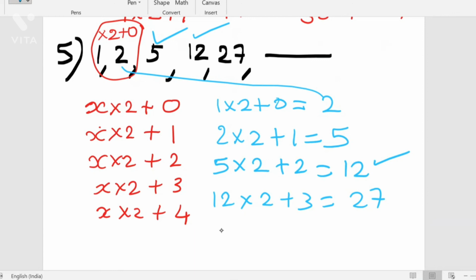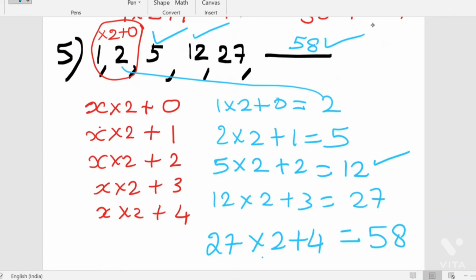Plus 4. The given number is 27. 27 into 2 plus 4. 27 into 2 is 54. 54 plus 4, what is the answer? 58. So the missing number we found out is 58.